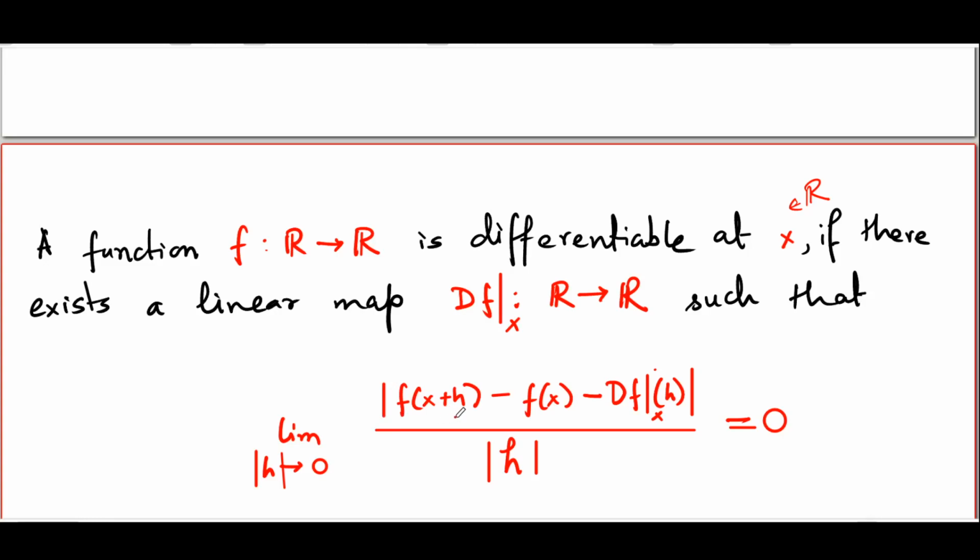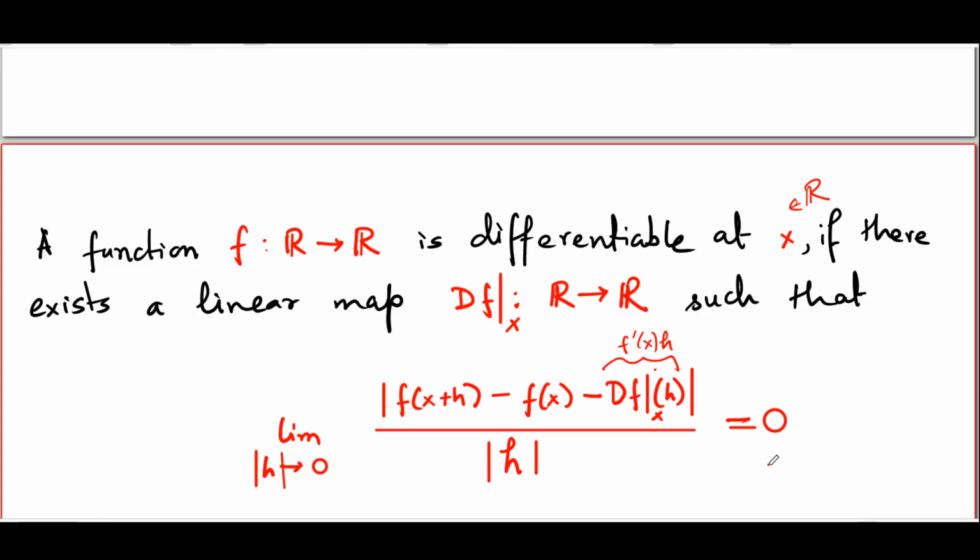Mod of f of x plus h minus f of x minus df at x acting on h. Remember, this is nothing but f prime x times h, divided by mod of h. This quantity is nothing but the ratio mod of delta by mod of h, and our statement that a small enough piece of a curve looks like a straight line essentially translates to the limit of this quantity as h goes to 0 is 0.